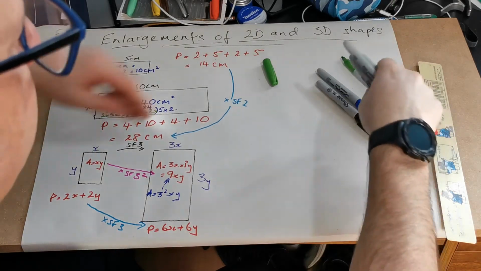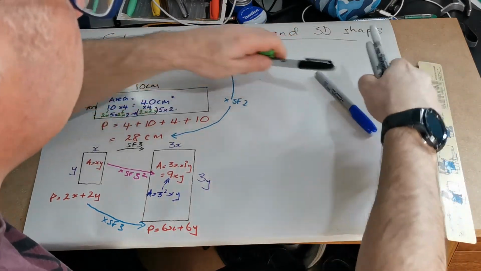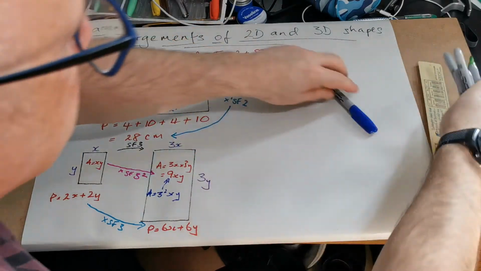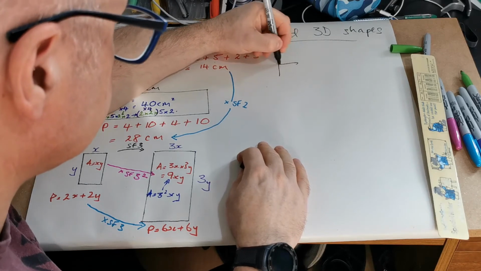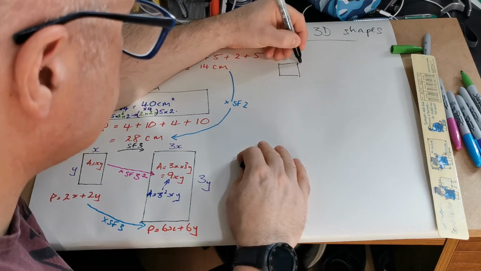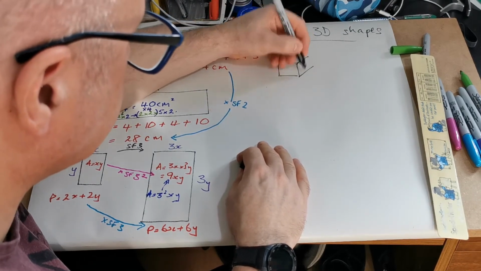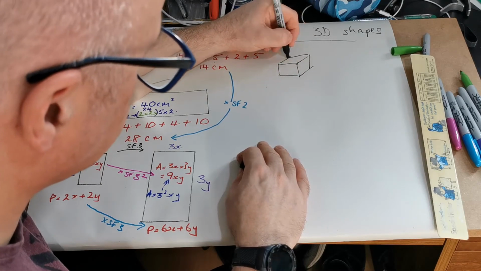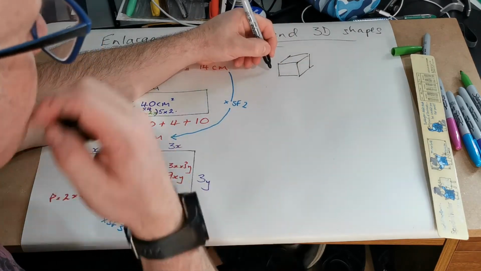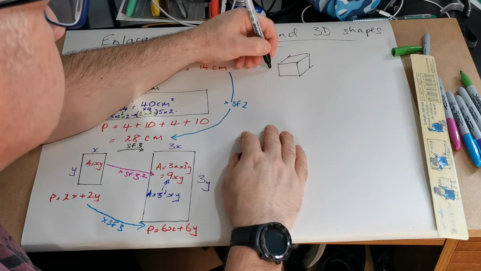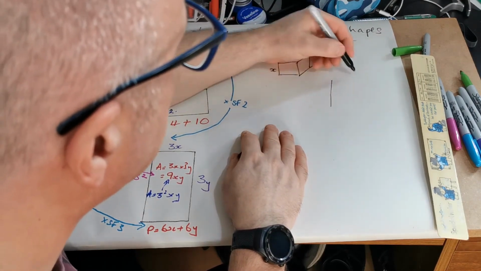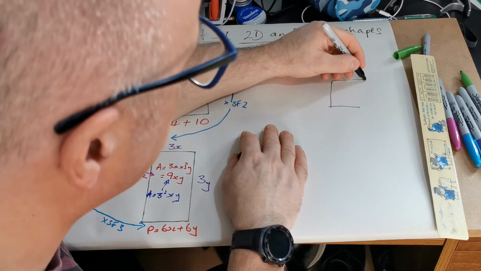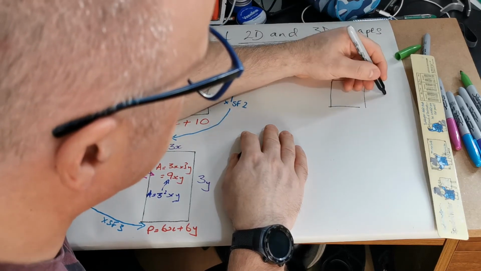Okay, now if I was to enlarge a 3D shape, so let's see if I can draw a cube over here. And let's call that x, and that's enlarged to give me a bigger one.